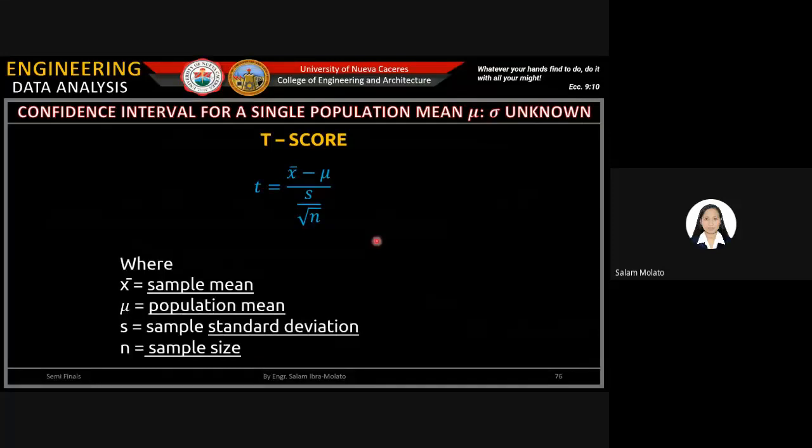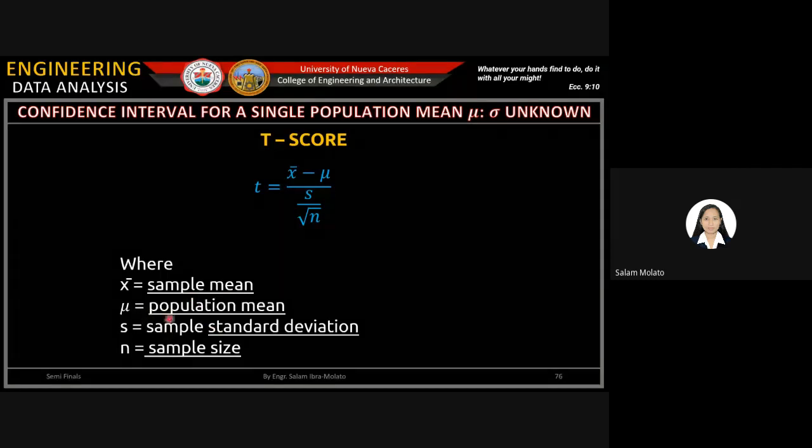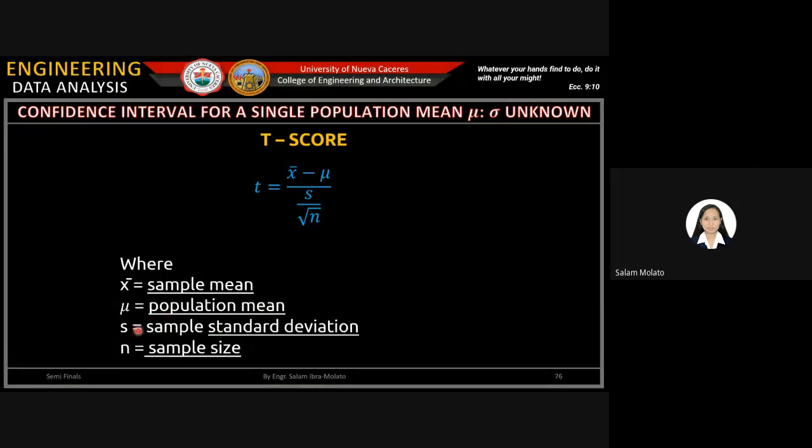Okay? All right. So this is how we compute the t-score. t = (x̄ − μ) / (s / √n), where x̄ is the sample mean, μ is the population mean, s is the sample standard deviation. Okay? Or kapag hindi sample, kapag population standard deviation, ito yan, di ba?